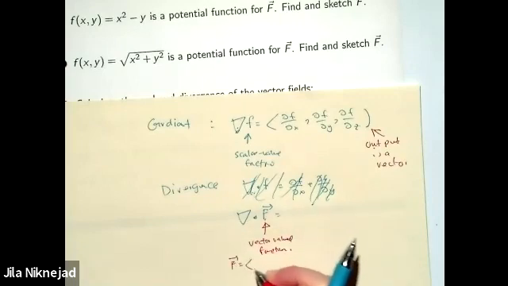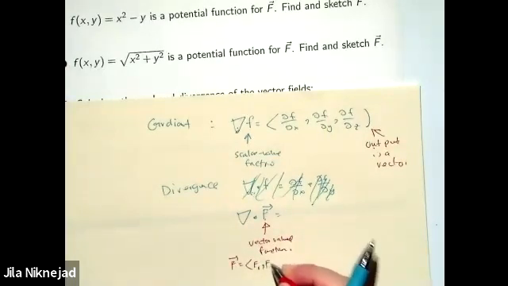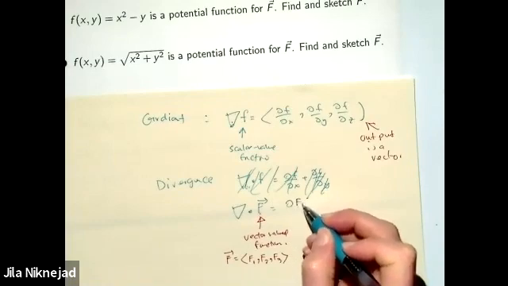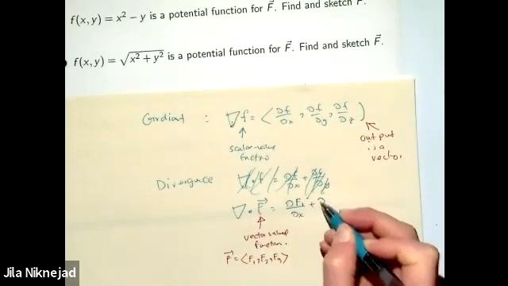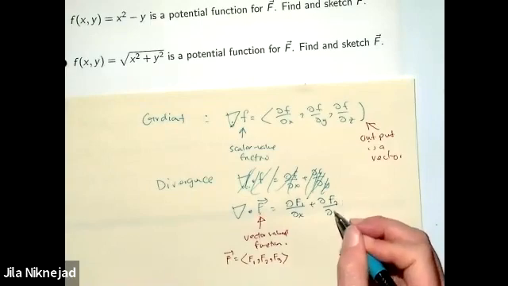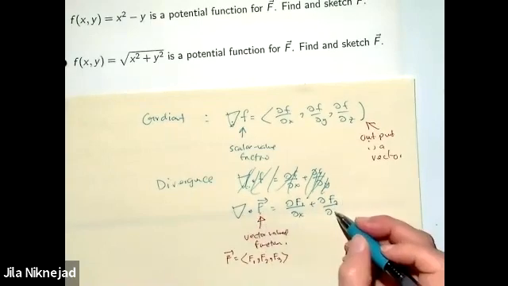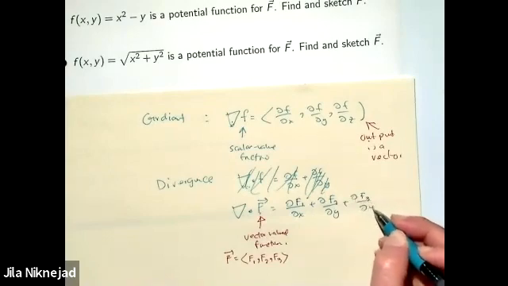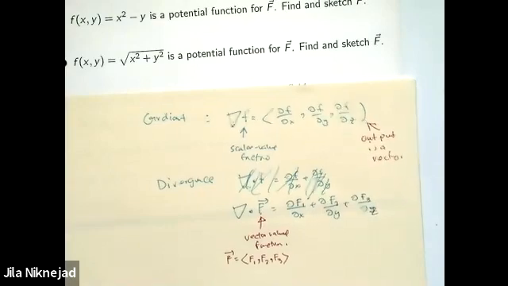It looks like this. It has vector 1, vector 2, vector 3. And this is the dot product of the Nabla times the vector value. Easy. There.